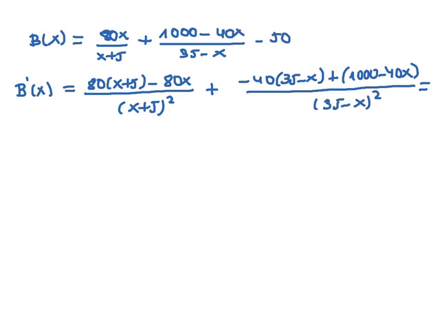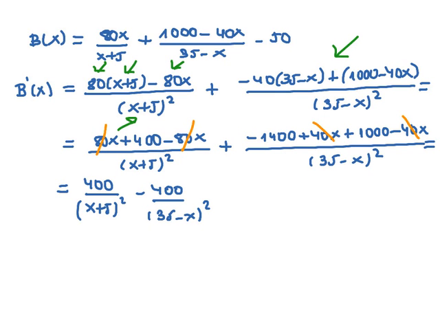To derive this function, I use the division rule, which is the derivative of the numerator times the denominator minus numerator times derivative of the denominator, over the denominator squared, plus the same rule, and I get this other expression.